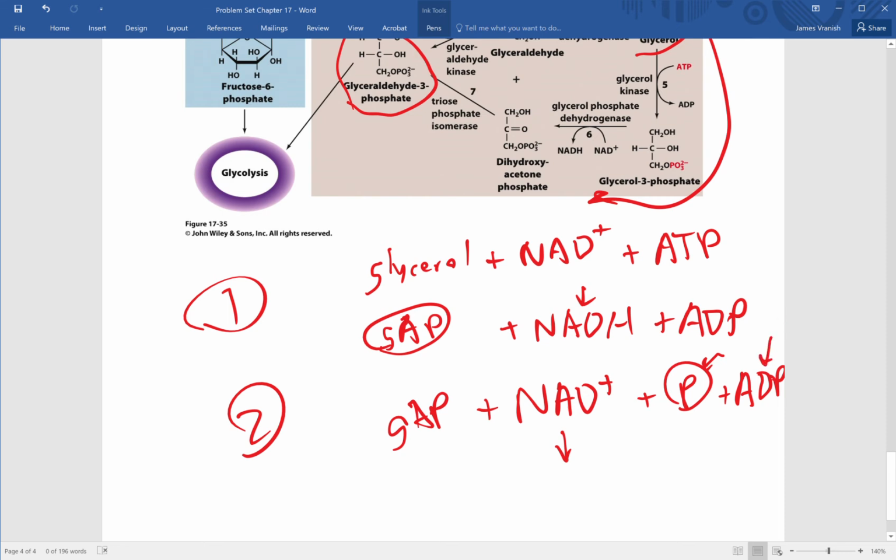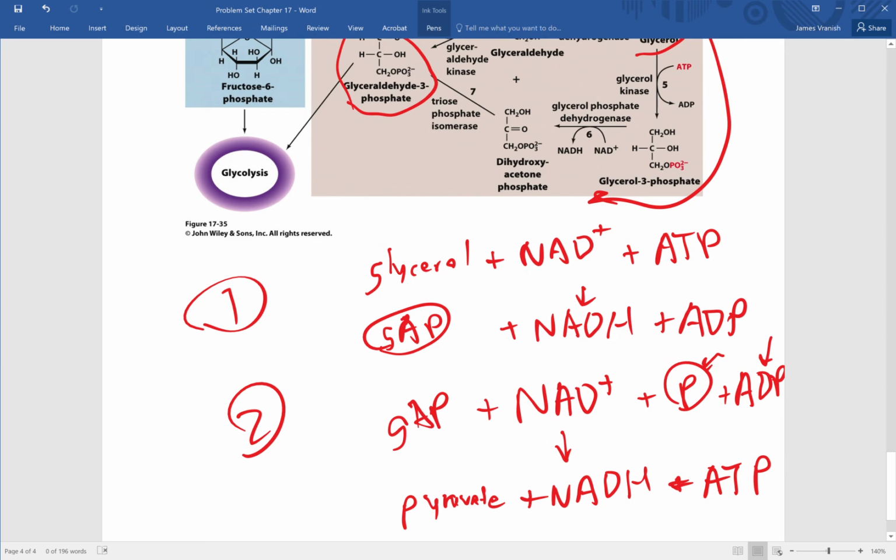The ADP comes in with pyruvate kinase. And in all of our other steps, we don't have to add any net reactants. So then we end up making pyruvate. NAD gets converted into NADH, and the phosphate and ADP get converted into ATP.